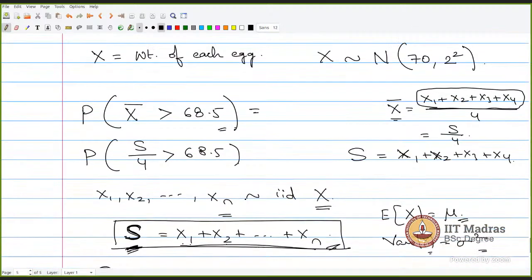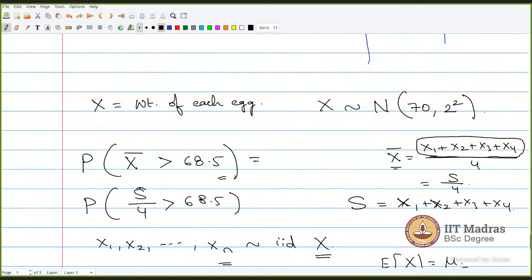That is why we convert it in terms of S.